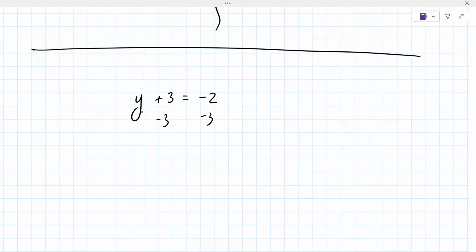Okay, so what is the final answer? -3. Since they're both the same sign, you add them. So 3 plus 2 is 5. Y equals 5. That is not correct. They're both negative. Oh, they're both negative. So it's -5. Y equals -5.